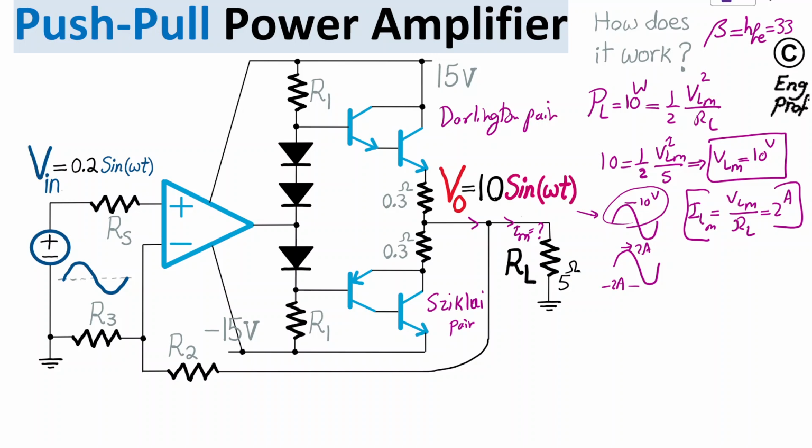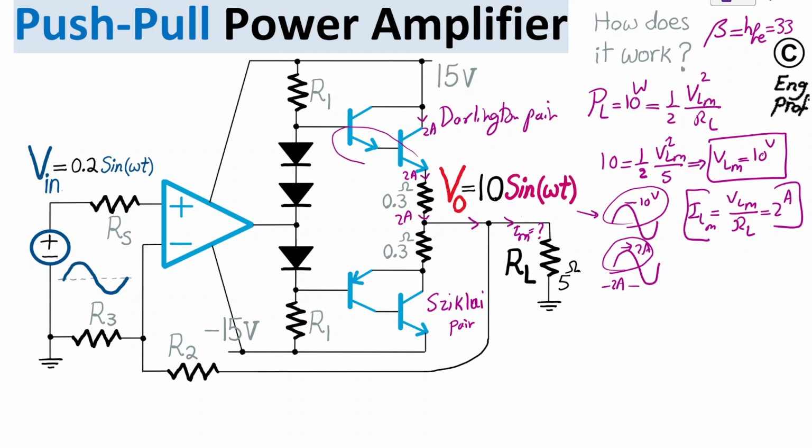Okay, so at 2 amp, in the positive cycle we have this pair on and the Sziklai pair off. As a result, the current flows this way through the circuit. This current is 2 amp max, going through the emitter of the transistor, and approximately through the collector as well.